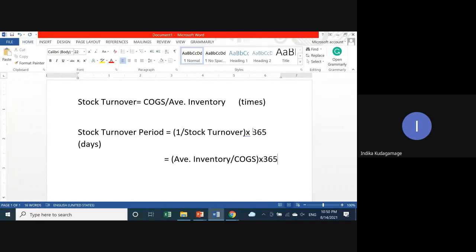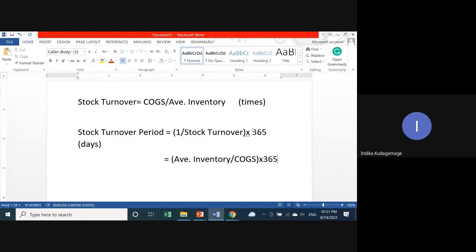What does this mean? This means how many days on average the business takes to convert raw material or your inventory into sales. Earlier, we took how many times per annum you convert your inventory into sales.